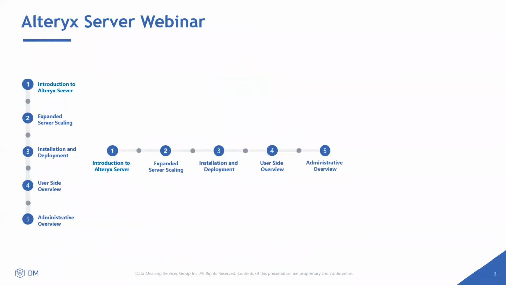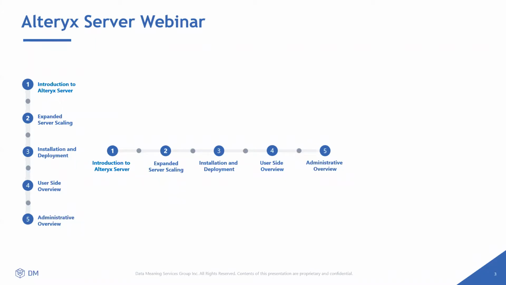So moving on forward, as I mentioned, this is the Alteryx Server webinar series, and this is actually the final session of the series. To do a very brief recap, we went over the initial introduction to the server and what components make up that environment, talked a little bit about how to get that to a more enterprise level, and then into some of the installation, configuration, and best practices around how to manage an Alteryx server.